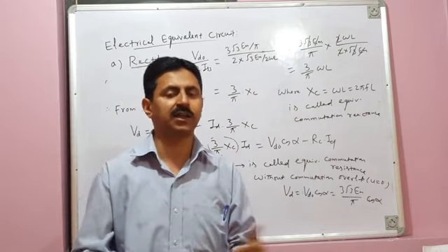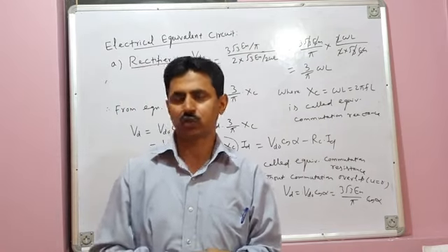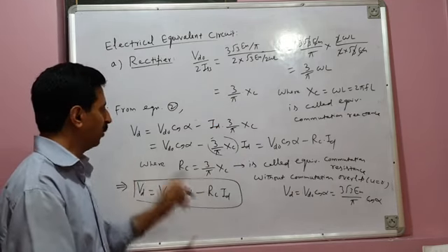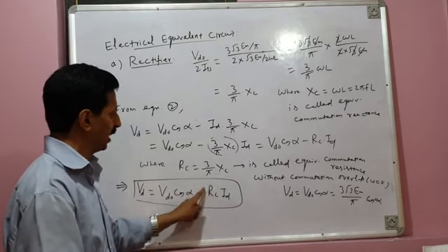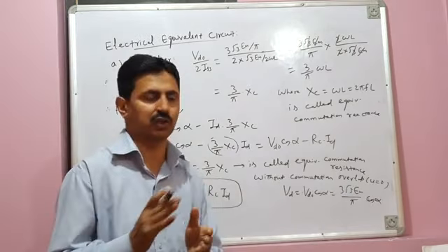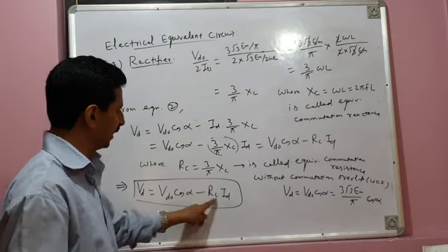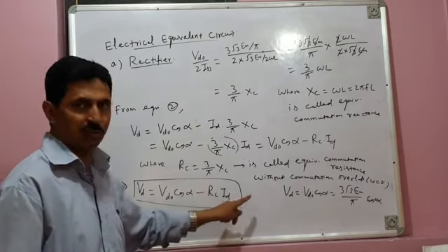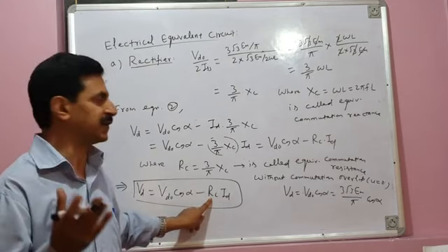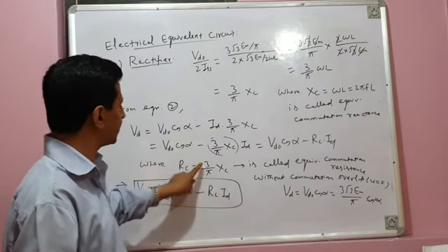And in the electrical equivalent circuit, that is shown by this resistance, as if there is an equivalent commutation resistance which drops the voltage Id into Rc. So the loss of voltage because of commutation overlap is shown by this voltage drop, which takes place through a fictitious, imaginary resistance. And what is this imaginary resistance equal to?